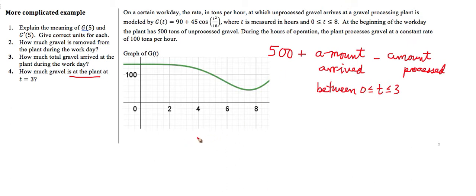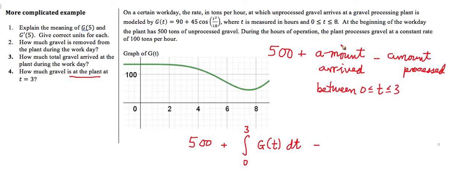So let's work out all the details. This would be 500. The amount that arrived would be the definite integral from 0 to 3, because we want to know how much there is at 3, of g of t dt. Okay? And I've already talked about how to do this on a calculator, minus the amount that was removed.